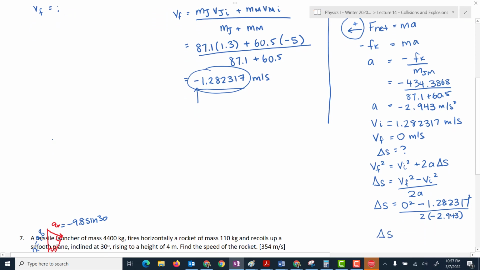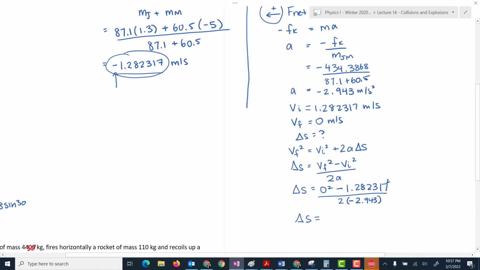And what do we get? Delta S is equal to 0.279 meters.